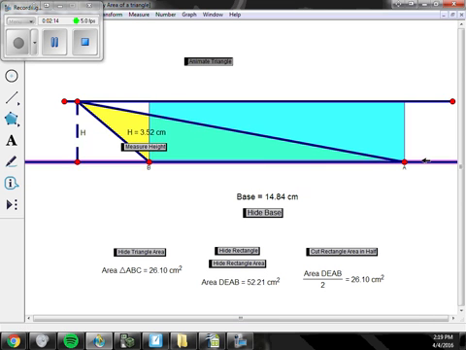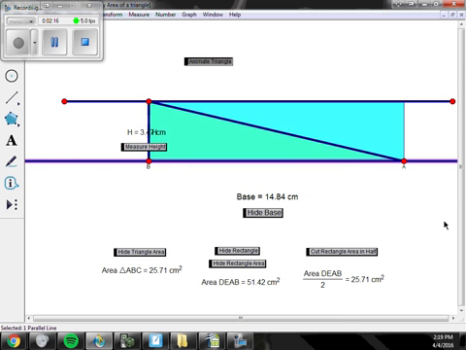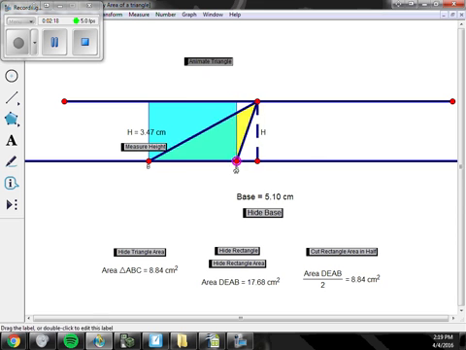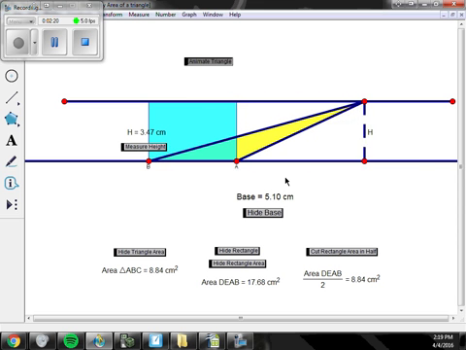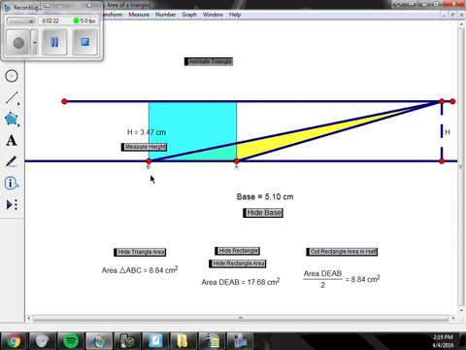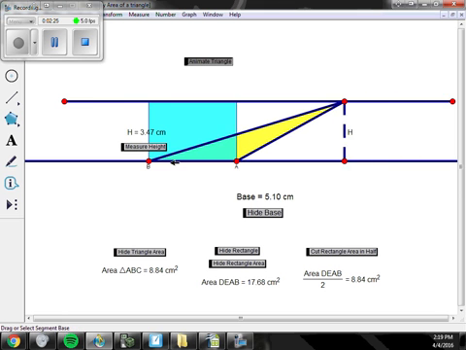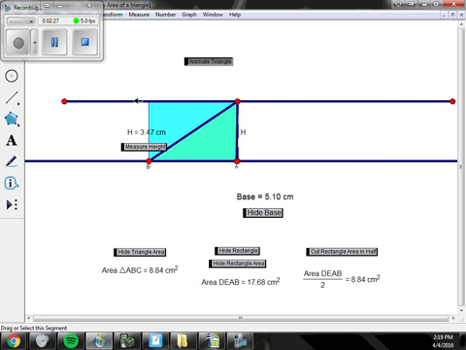Now, if I change the height, it will change. If I change the base, it will change. But every single triangle built on this base between these two parallel lines will have the same area.